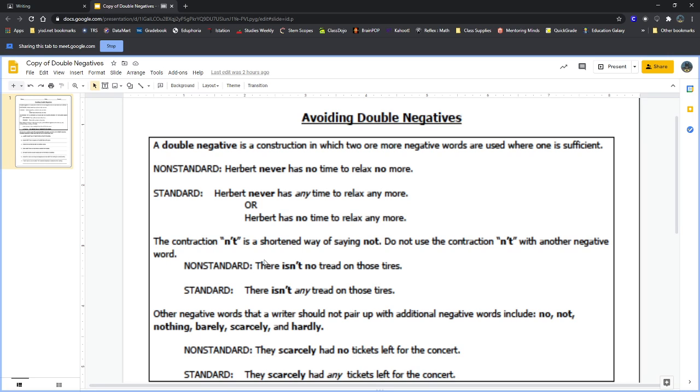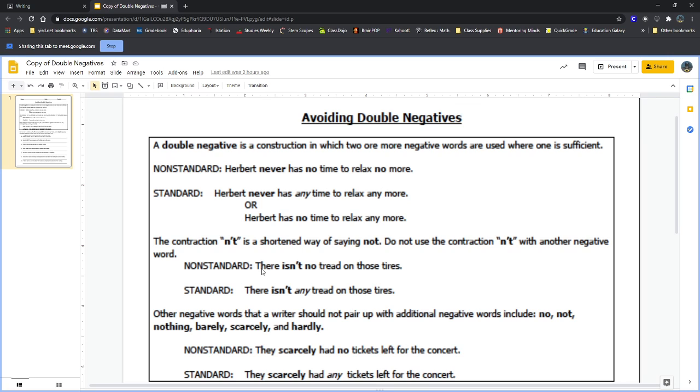Sometimes we don't realize we're using negative words because they're contractions. So they tell us the contraction n apostrophe t is a shortened way of saying not. Do not use the contraction n apostrophe t with another negative word. This is the one that people normally will use, especially when they're talking.